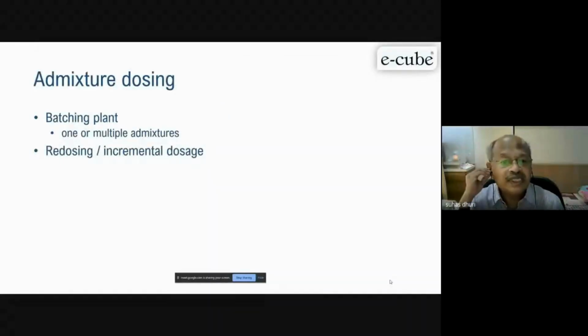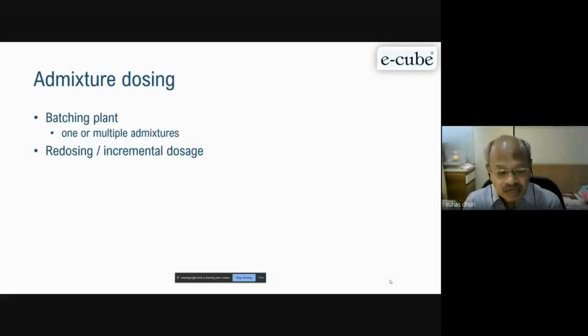And there is an incremental dosage also. We have to design in such a way, suppose I have huge travelling, suppose there are traffic jams. So what I will do at the batching plant is add only retarder, where concrete will not set, not harden, the hydration process can be delayed.